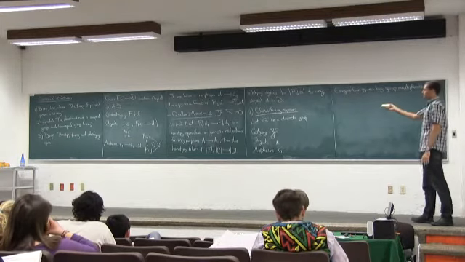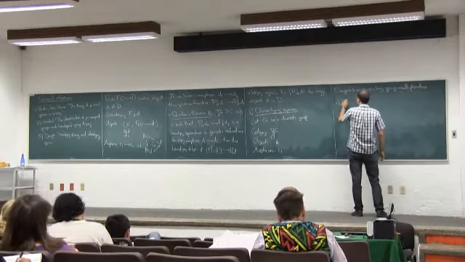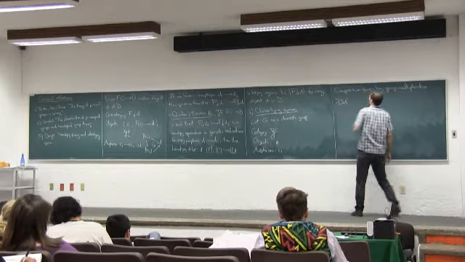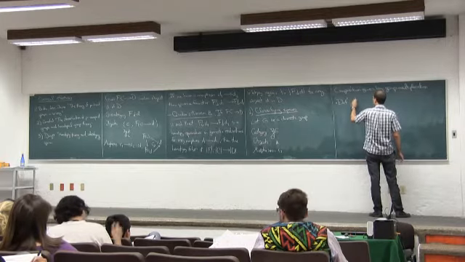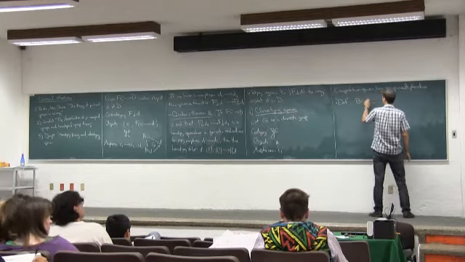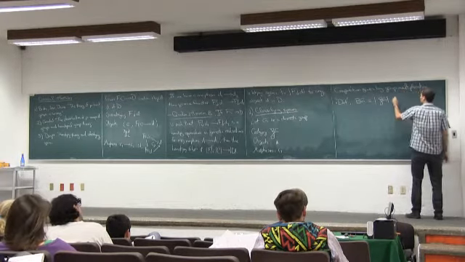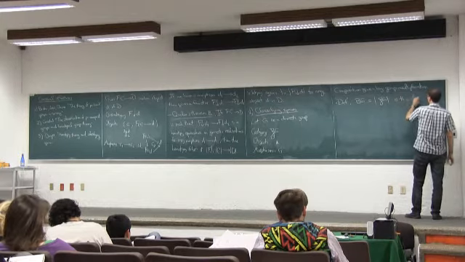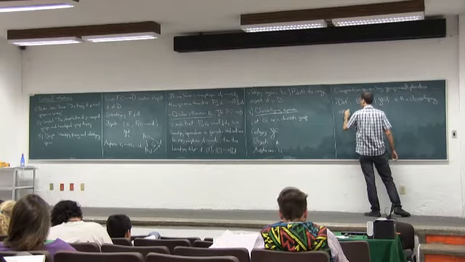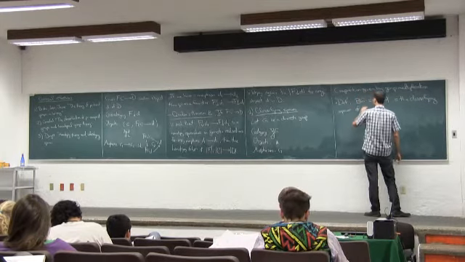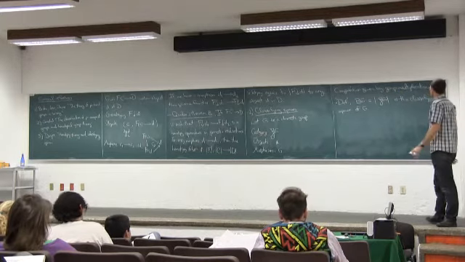Now what I'm going to do is take the classifying space of this category. So, definition. I'm going to put it in quotation marks because now I'll explain why. We define BG, the geometric realization of this category, as the classifying space of G. Now, why did I put quotation marks?